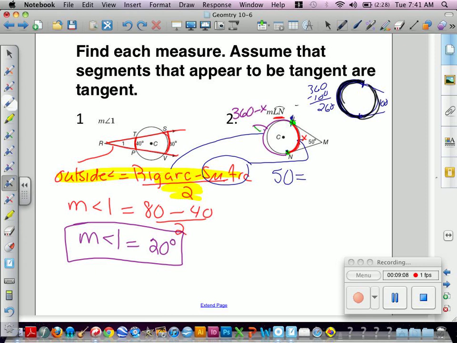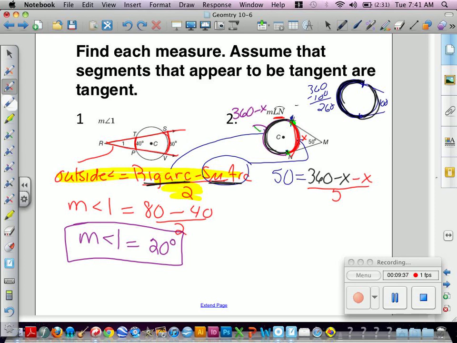Now the next thing I need to do is take my big arc minus my small arc. This is my big arc here, that's 360 minus X. And then I need my smaller arc. There's my smaller arc, so I'm going to minus X. So do you see that I've written 360 minus X, which represents the big arc, and then minus X, which represents the small arc.